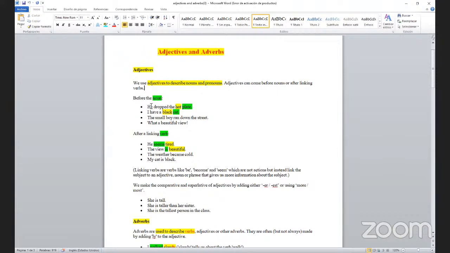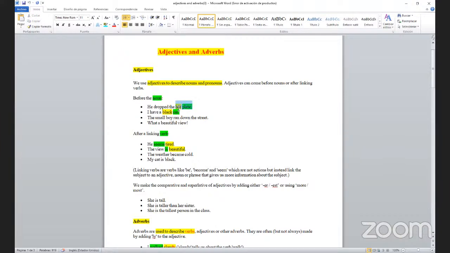So, for example, if we use the adjective, it always goes before the noun. He dropped the hot plate. In this case, this word hot is my adjective, and plate is my noun. Hot plate. First the adjective, after the noun.